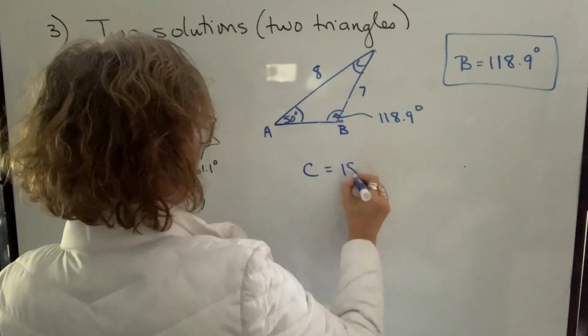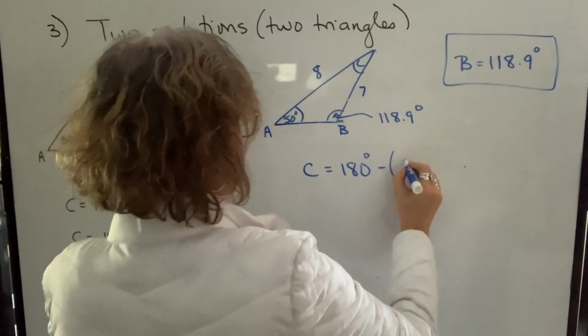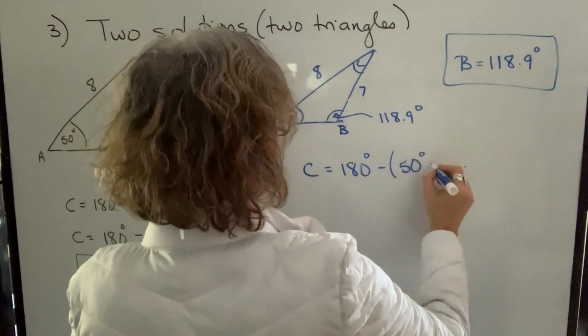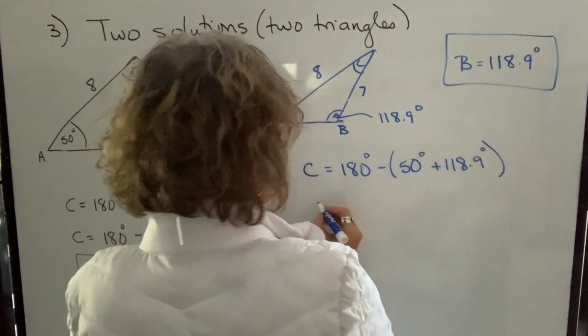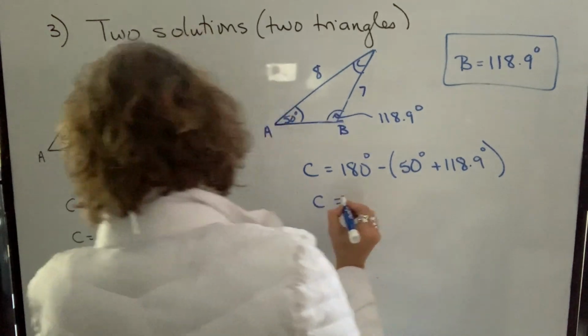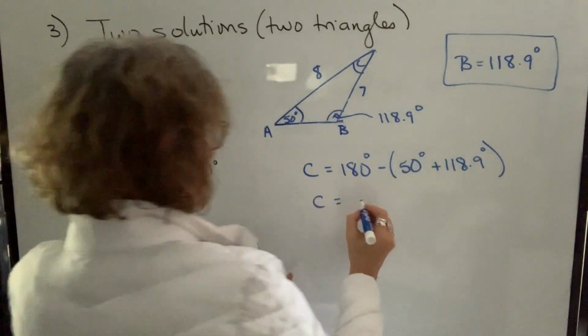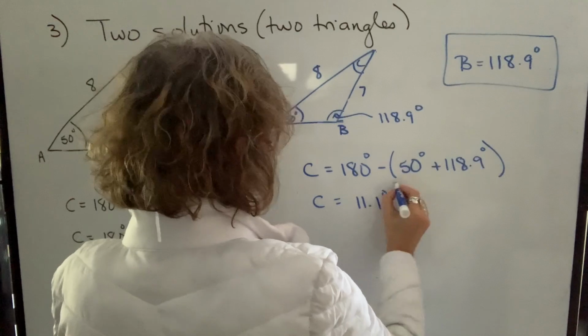So C will equal 180 degrees minus 50 degrees plus 118.9 degrees. So C will be 11.1 degrees.